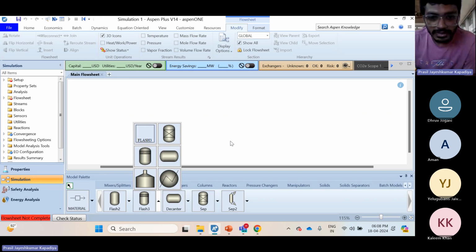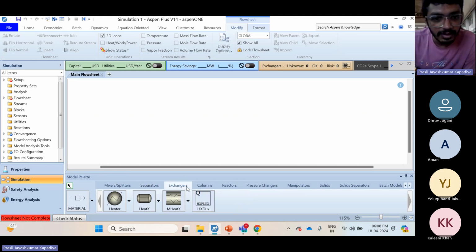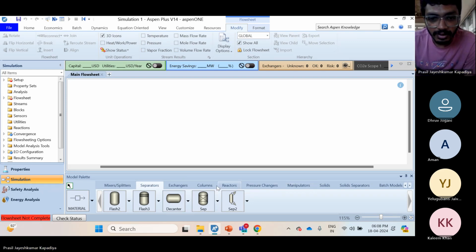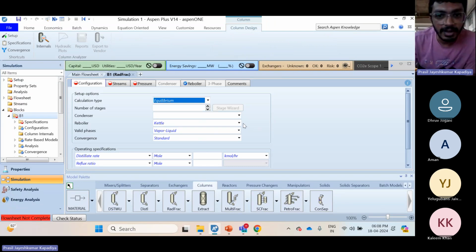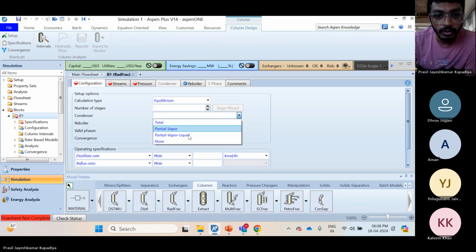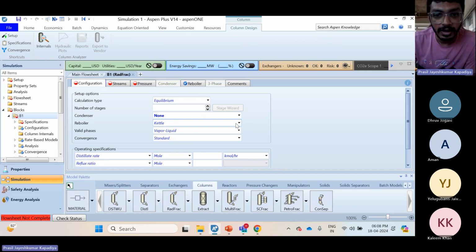Let's say I have this column, a red flag column. When I choose no condenser and no reboiler, you can see these two values are automatically disabled.